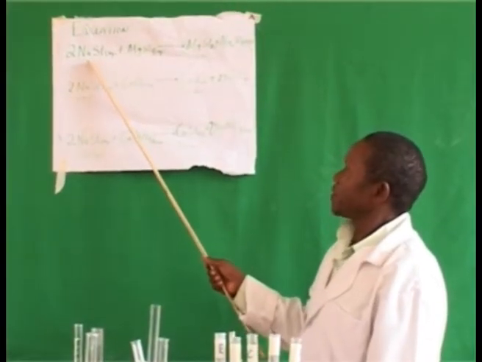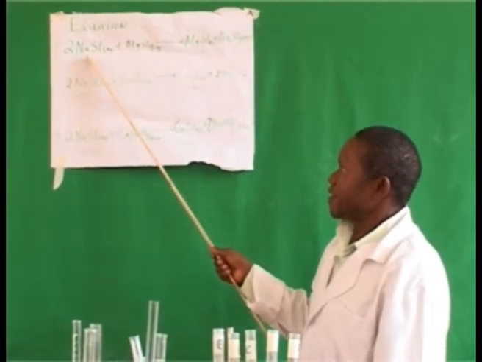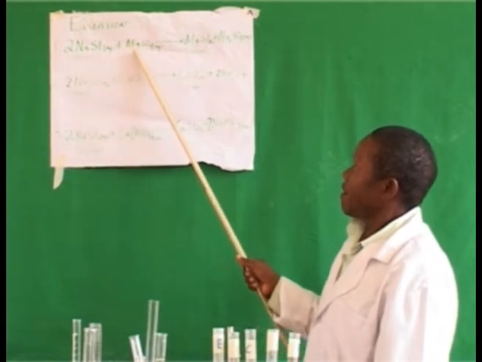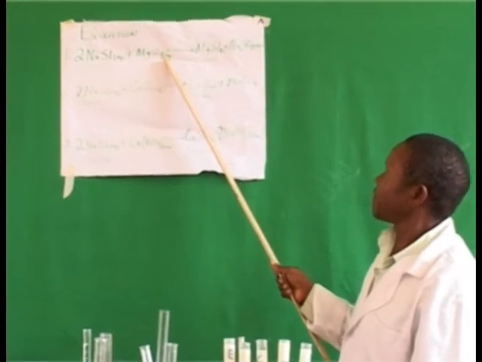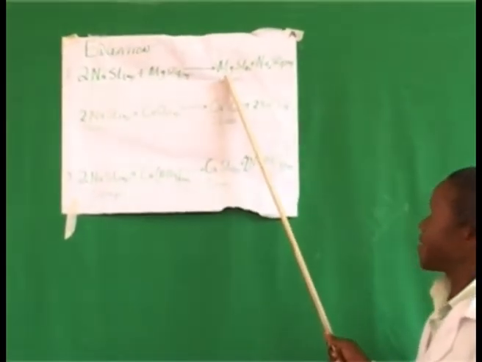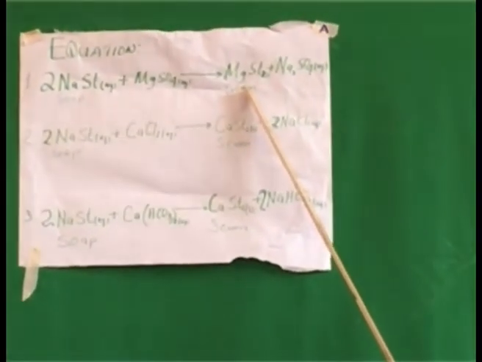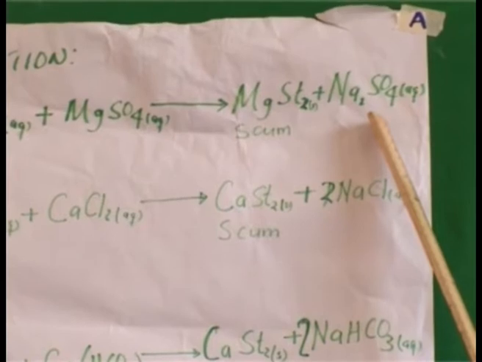Soap solution, which is sodium stearate, combined with magnesium sulfate solution to form magnesium stearate, which is scum, and sodium sulfate solution. And that is the result in our test tube.